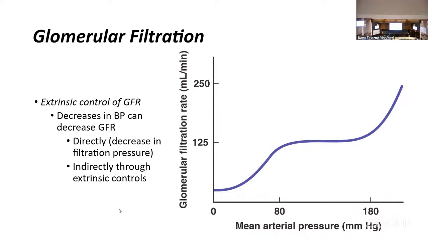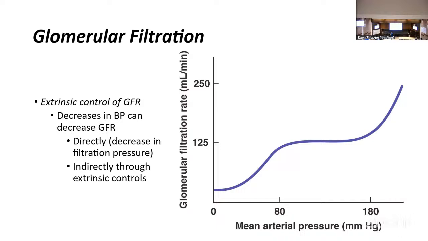Okay. There is some extrinsic control as well. Because there's control of blood pressure that we talked about with the cardiovascular system. So we're not going to focus on that here with the kidneys, but we remember that we have, for example, the baroreceptor reflex as you are seeing drops in blood pressure, right?